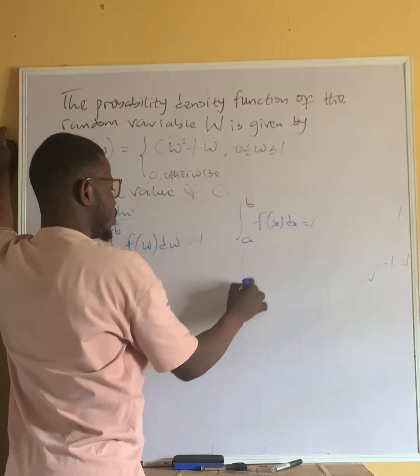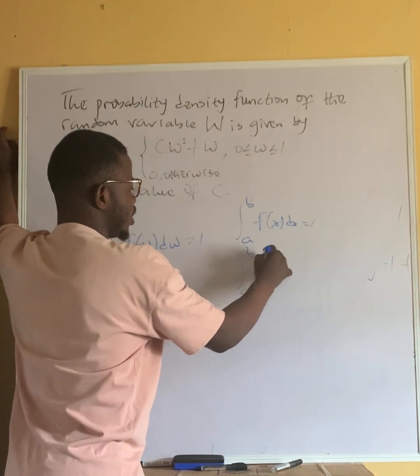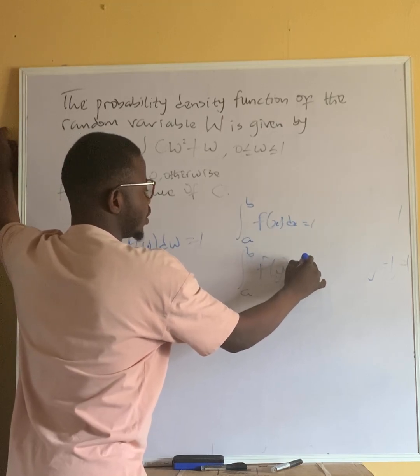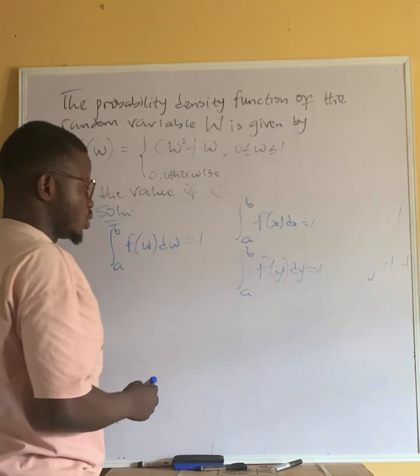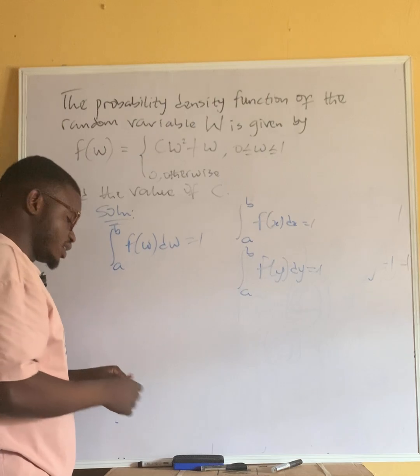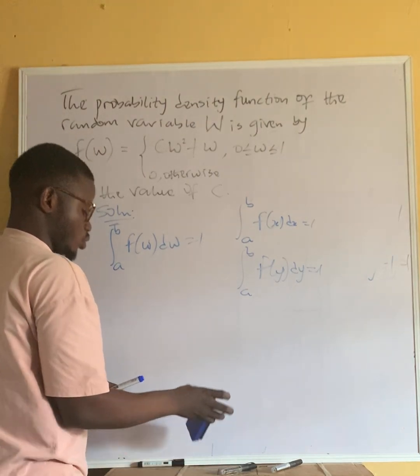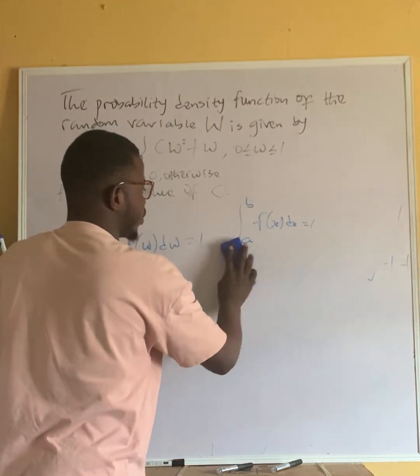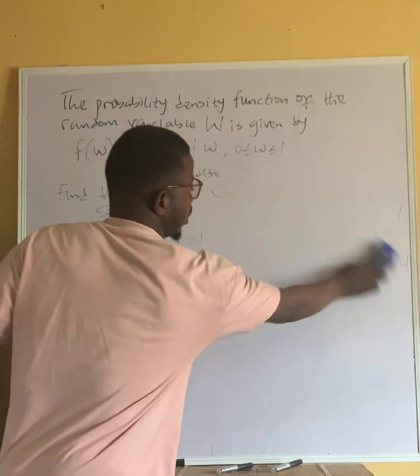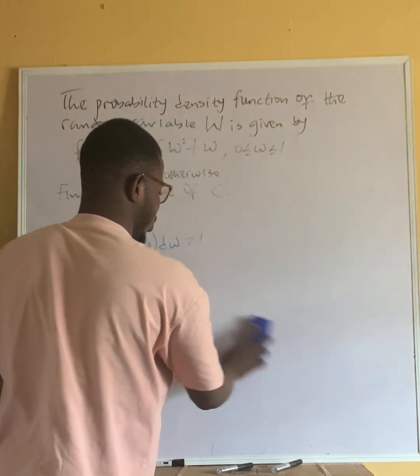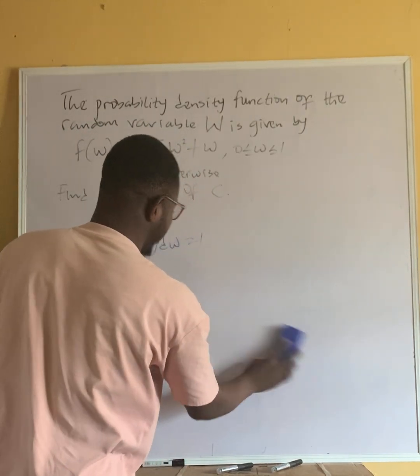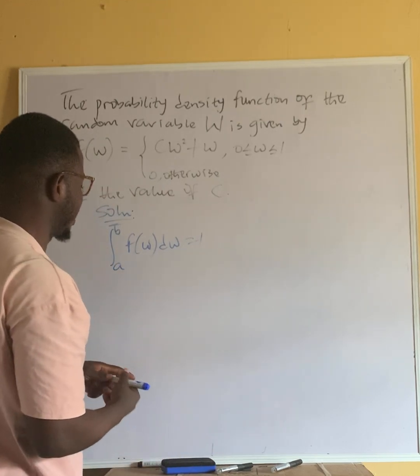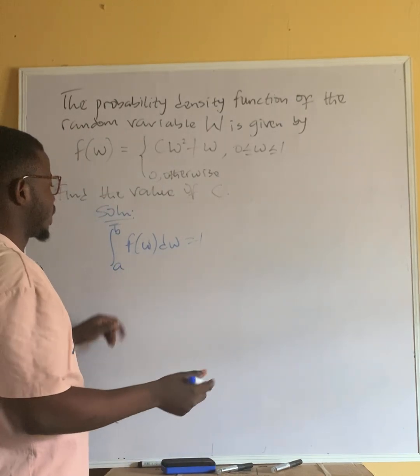If it is random variable y, that will be the integral from a to b of f of y dy equals 1. So the question we are dealing with here is to obtain the value of a constant, and the random variable is w. To obtain the value of c, we are going to use this formula.